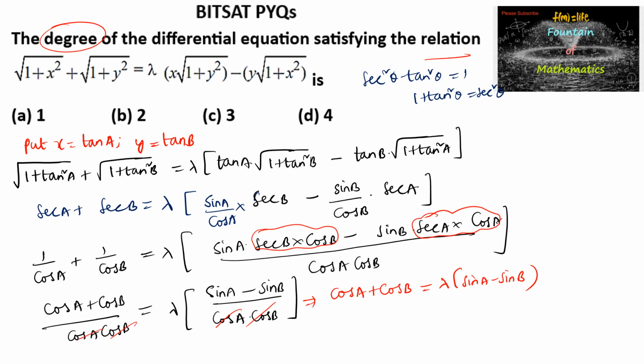So cos C plus cos D is 2 cos C plus D by 2 into cos C minus D by 2, that is A minus B by 2, which is equal to lambda times of sin A minus sin B, which is 2 cos C plus D by 2 into sine of C minus D by 2, that is A minus B by 2.